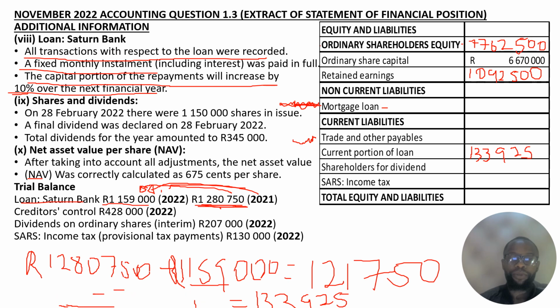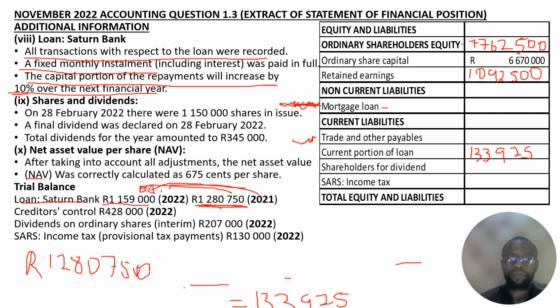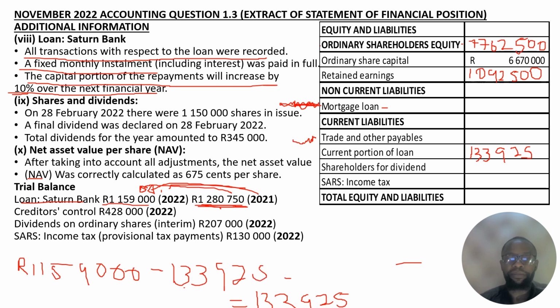So we say it's 1,159,000 less 133,925, which is going to be 1,025,075.